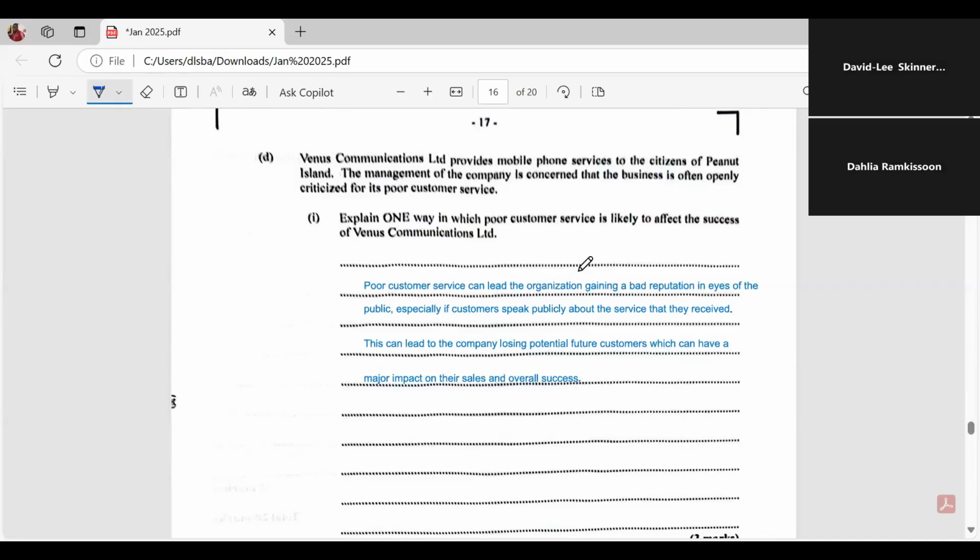Right? So if you get a bad reputation because customers who had interactions with you start to speak out, talk to their friends and family, or even make public posts about it, it could lead to the company losing potential future customers, which could lower their sales in the long run.